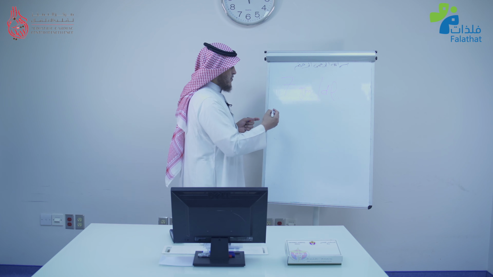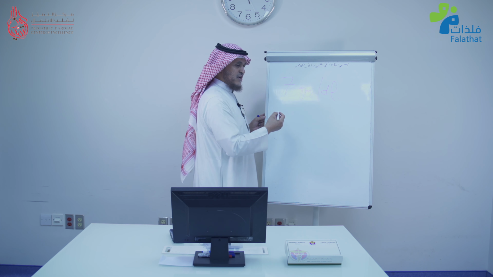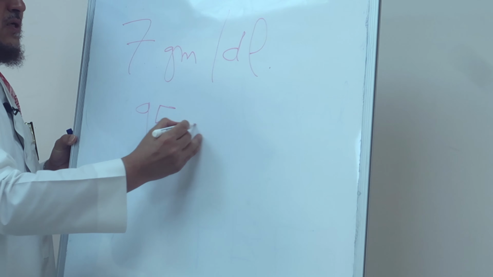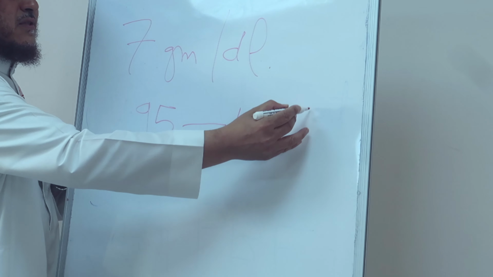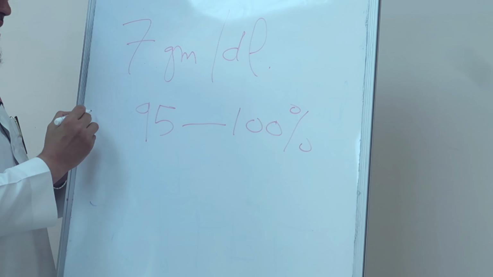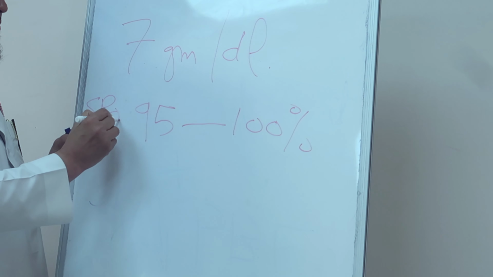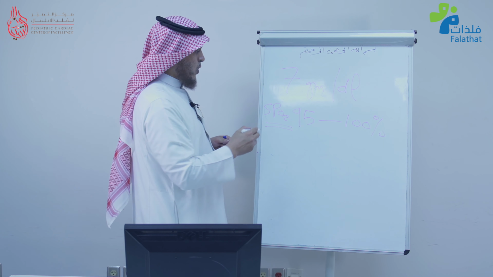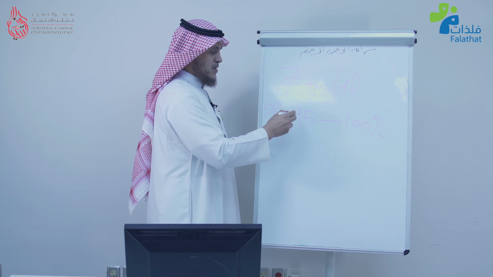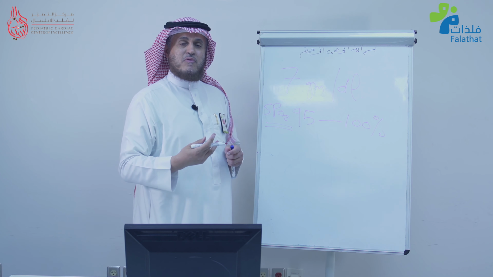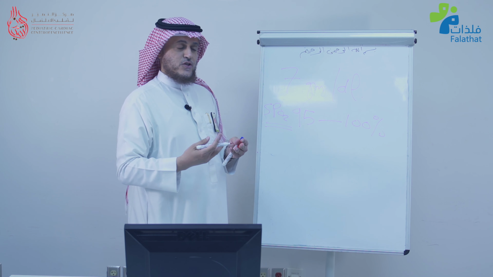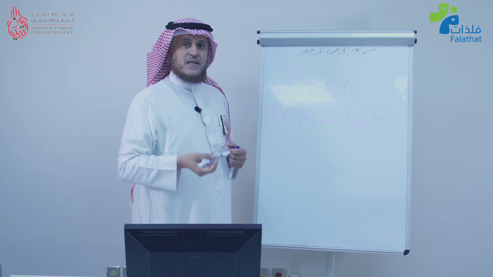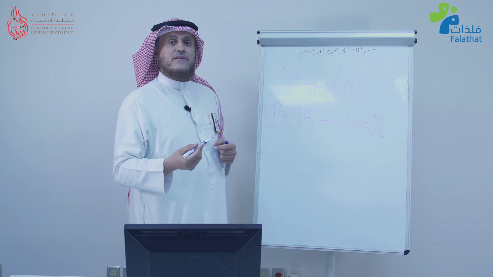The normal saturation for us is 95 to 100%. We call it the SpO2. That's your normal saturation. When can we detect cyanosis clinically, before any investigations? If the person is 92, our eyes cannot detect it. 90, we cannot detect it.